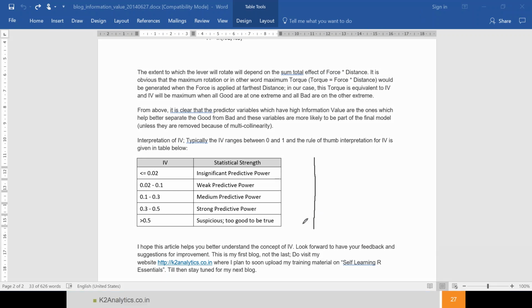The kind of trend that would come up if you use this: you will see that this is 1 and this is 31. And here is my churn rate. The kind of trend you will see will be something like this.